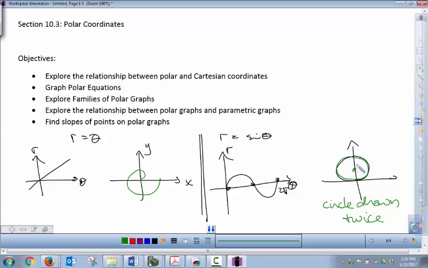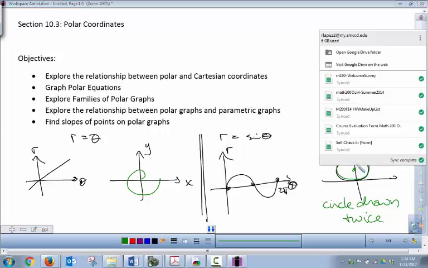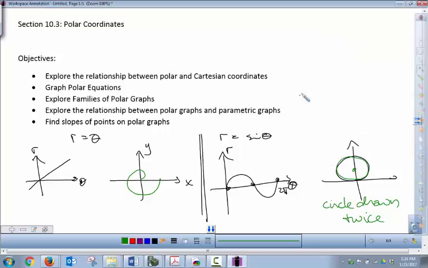Where's the center of the circle? 1. So the top of the circle is 2. Let's think about that. So it's a half, and then this is 1. Okay?